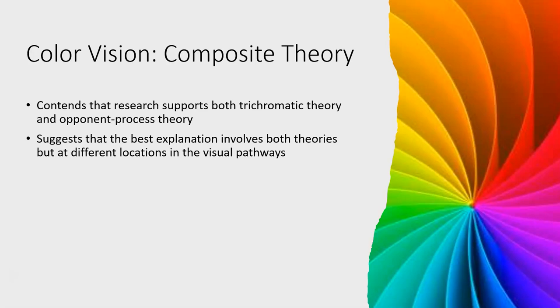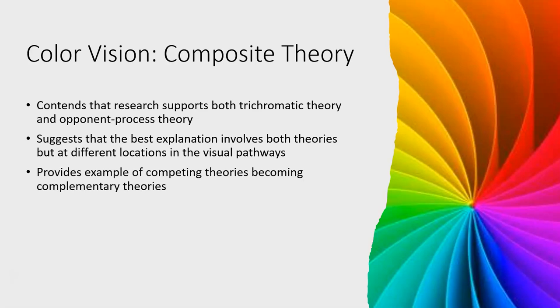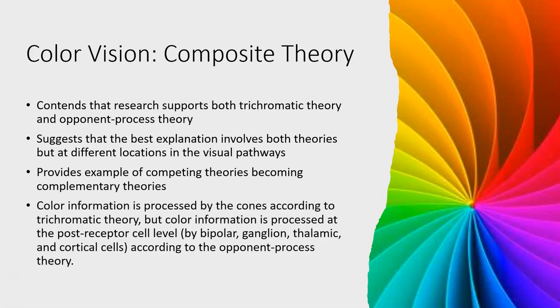Then you have cells beyond that cone level that are aligned in opponent process forms. So in order to fully understand color vision, you need both theories because they're at different locations within the visual pathway. This helps explain why these theories are complementary.